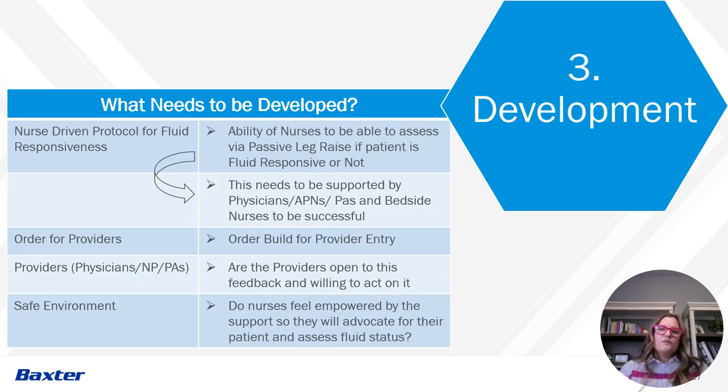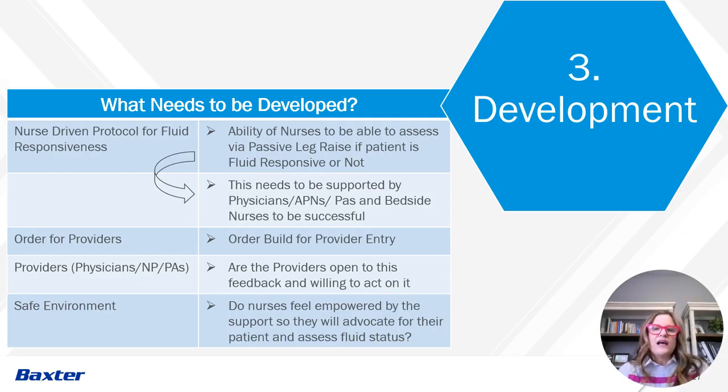Now, there also should be some orders for the provider so that they can easily initiate this as an order. So an order built for provider entry. Sometimes, and especially now, we've got a lot of novice nurses. In case they don't feel as confident to take that initiative, the provider could then initiate an order.